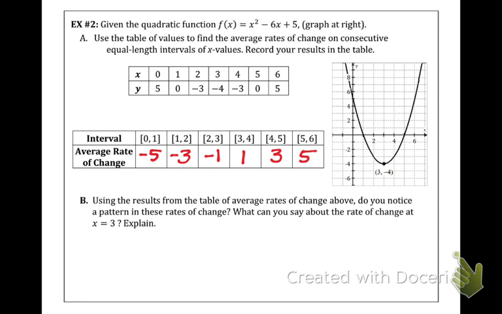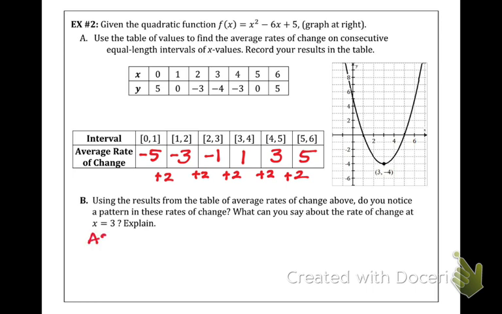Okay, so now using these results from the table, do we notice a pattern within these changes of rates? What's happening each time? We're going by 2. We're doing a plus 2, plus 2, plus 2, plus 2, plus 2 each time. Good. So let's write that out.